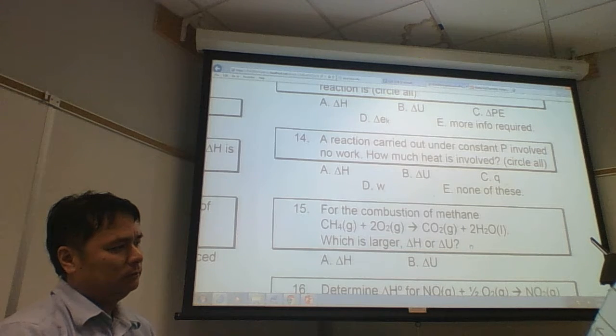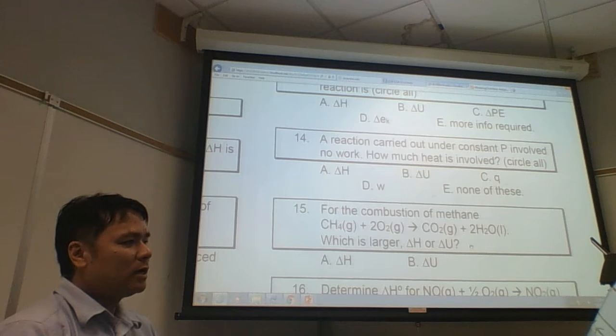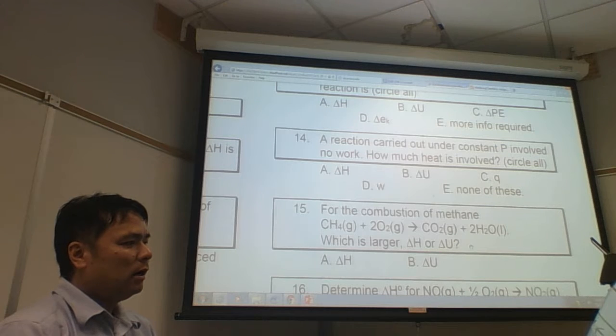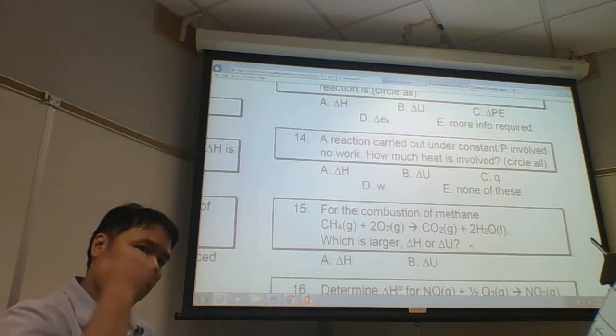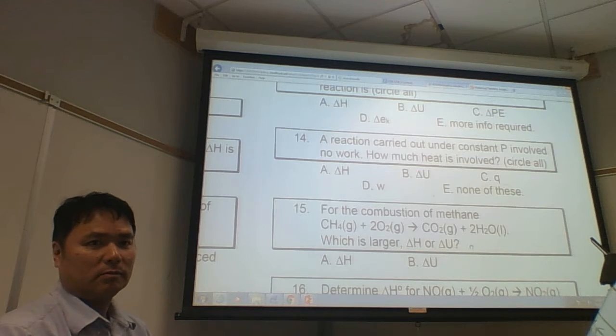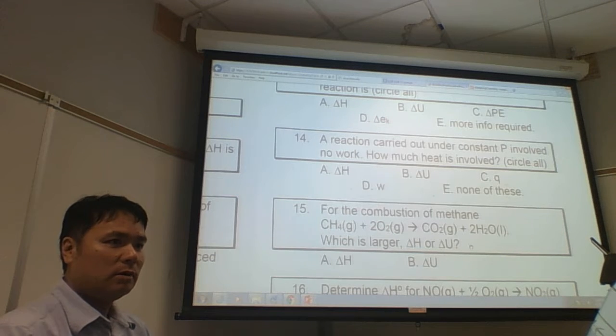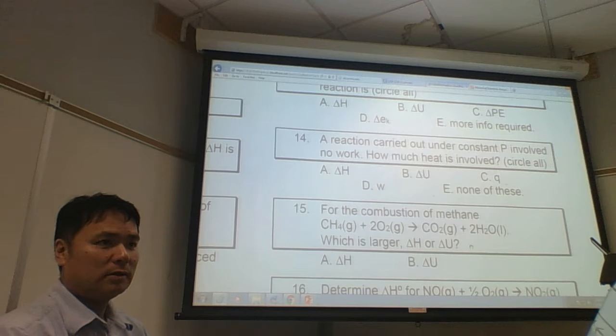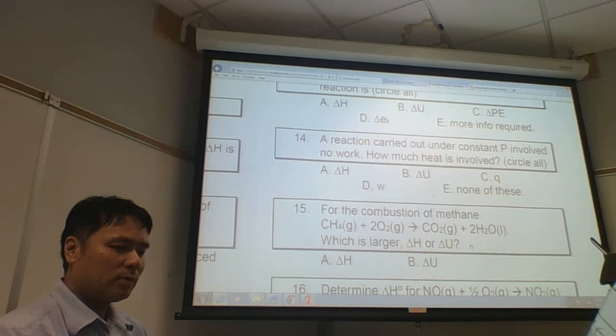Well, it wouldn't be A and B anymore. A reaction carried out under constant pressure involves no work. Because technically, a reaction carried out under constant pressure, you still have work. You just restrict it. No, a reaction carried out under constant pressure can have several possible scenarios with work.